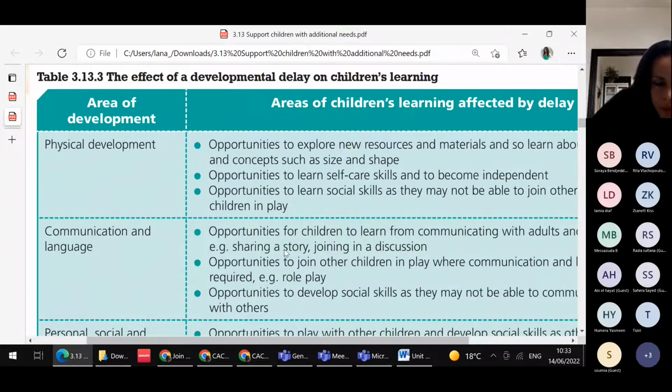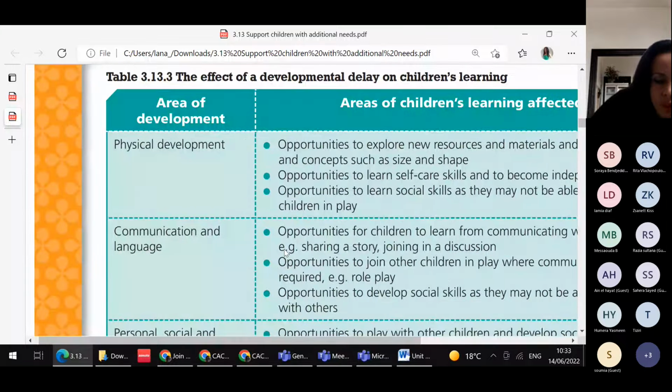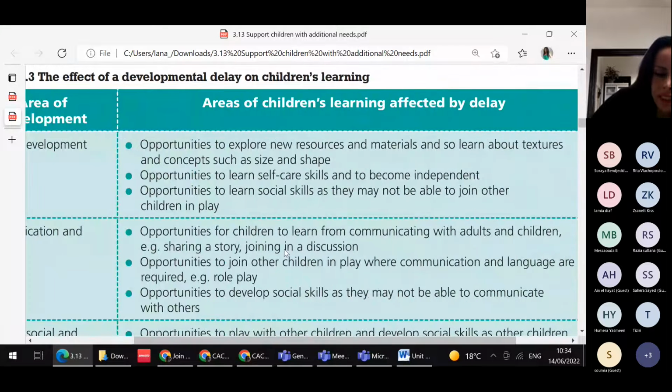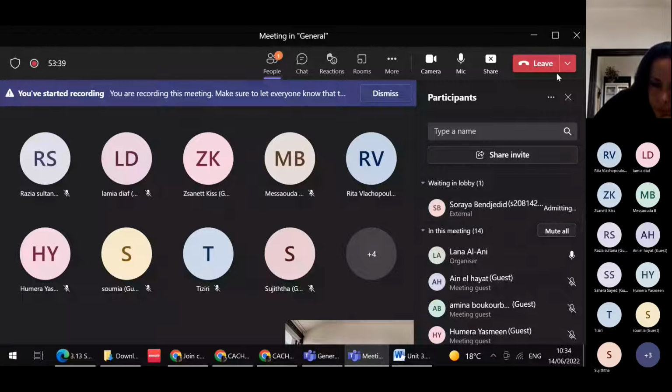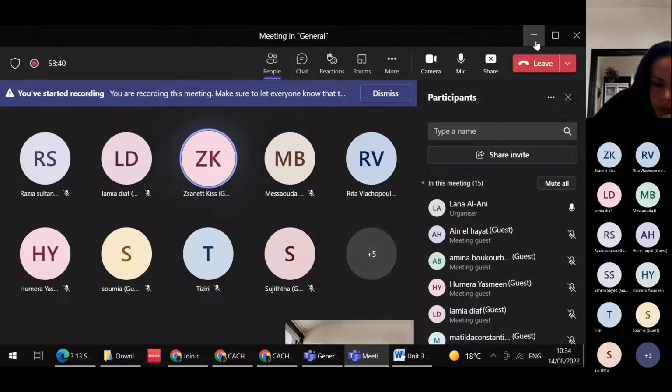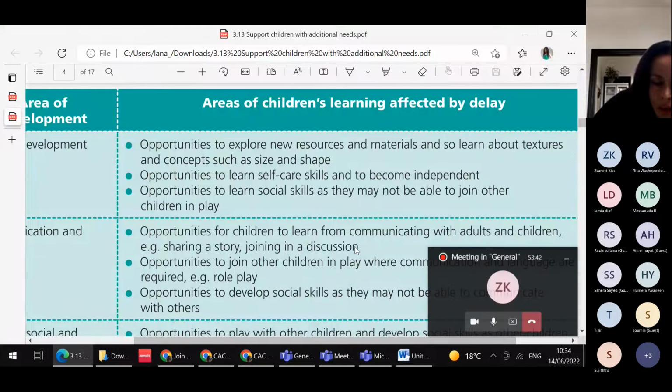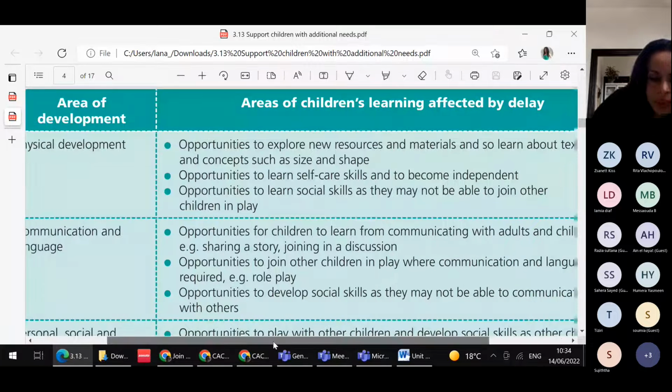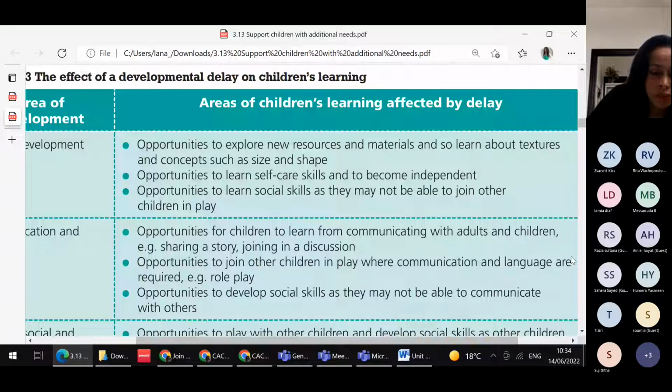Another area of development is communication and language. If they have delay in their communication and language, they would have fewer opportunities for children to learn and communicate with adults, with other children, sharing stories, joining discussion.